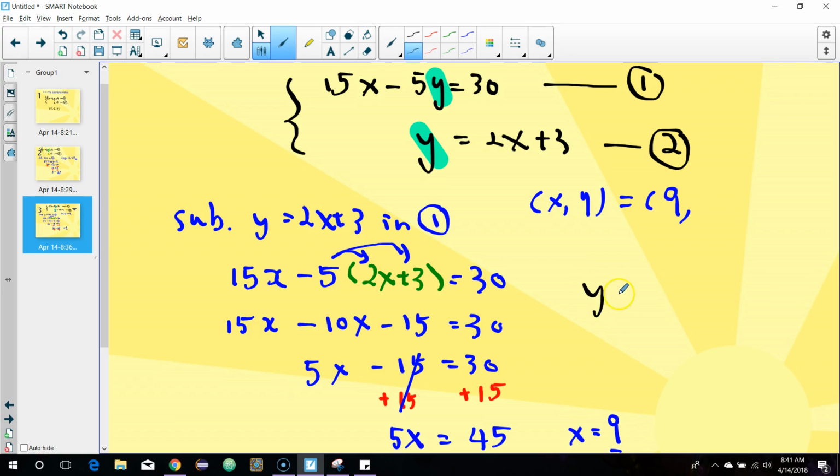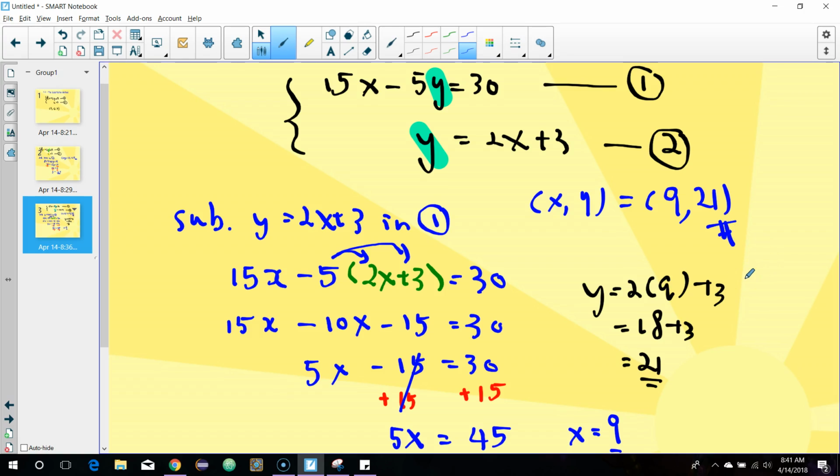Y is equal to 2 times, what's my x now? My x is going to be 9. I just found that out. Plus 3. 2 times 9 is 18. Plus 3, that should be equal to 21. So my y is 21. So that's my final answer.